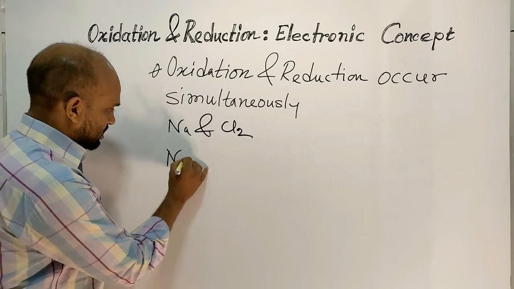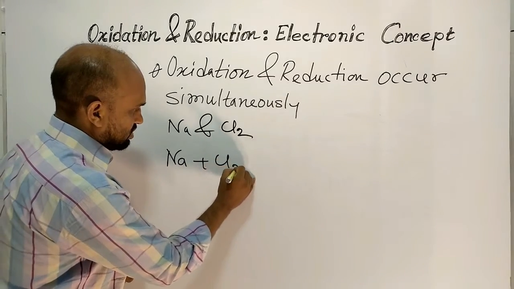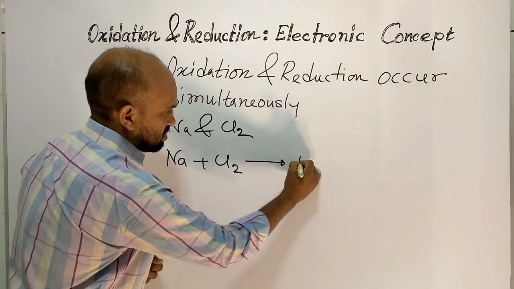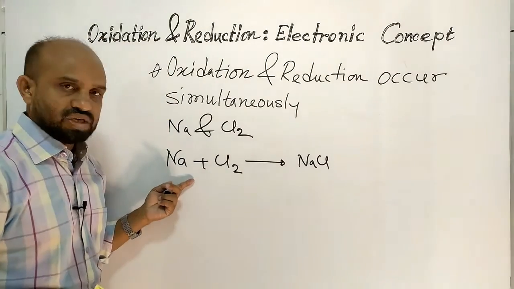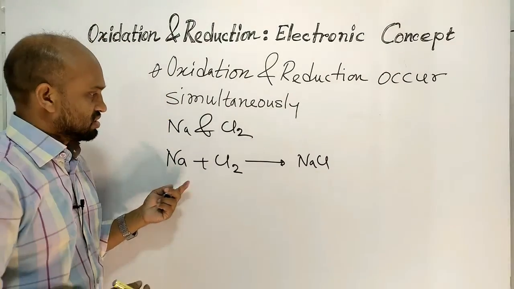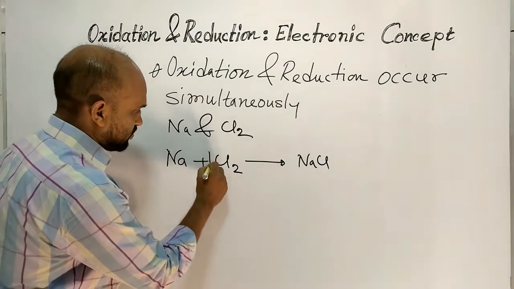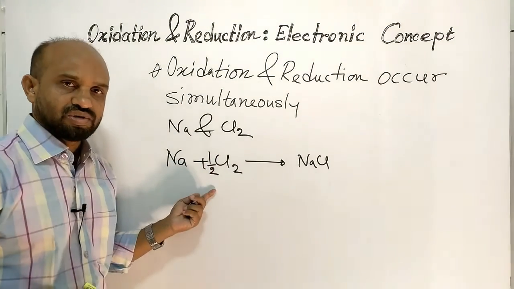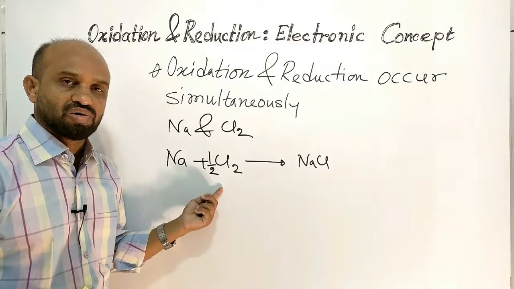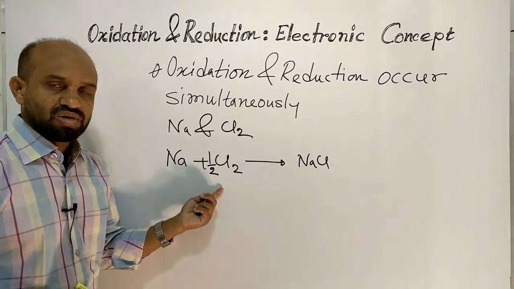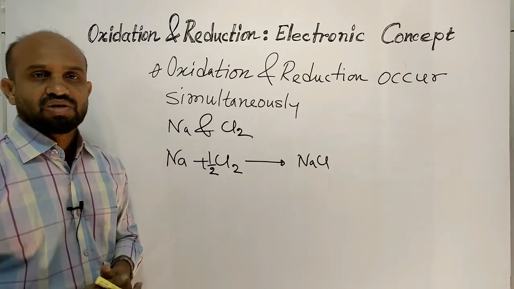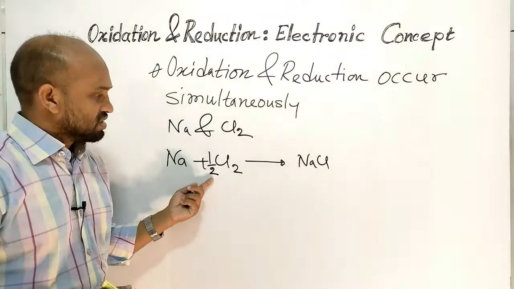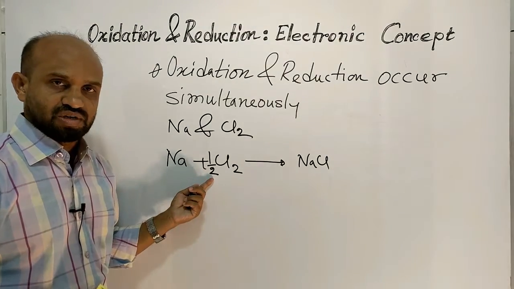When sodium is treated with chlorine, then sodium chloride is formed. If the reaction is balanced, then here we can put half, that means 1 chlorine atom. Though there is no existence of a half molecule, for the sake of balance we can put half here.